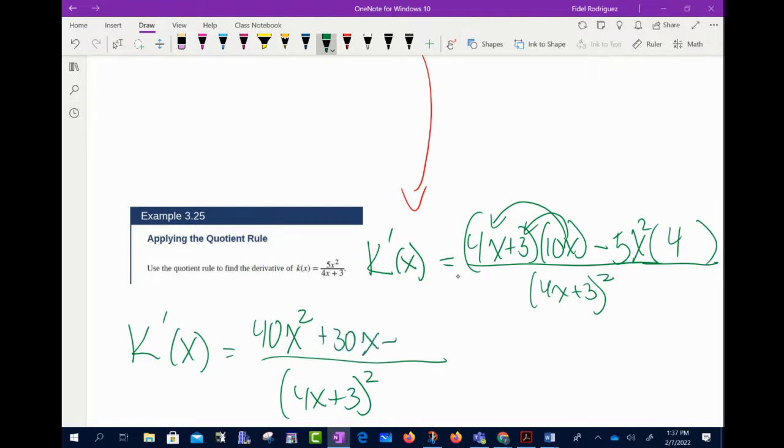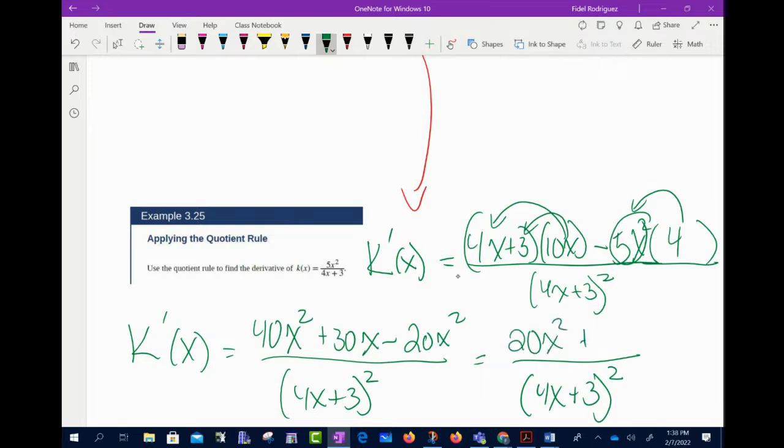Okay. Minus, what is 5x squared times 4? 20x squared. Okay. Question. Can we simplify anything upstairs? Can we combine any terms? 40 and 20. 40 minus 20 is? There's my derivative.